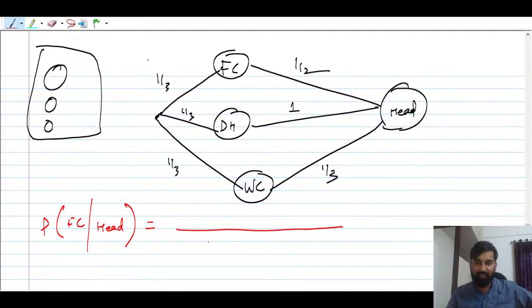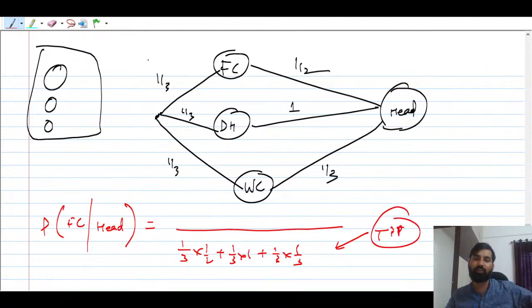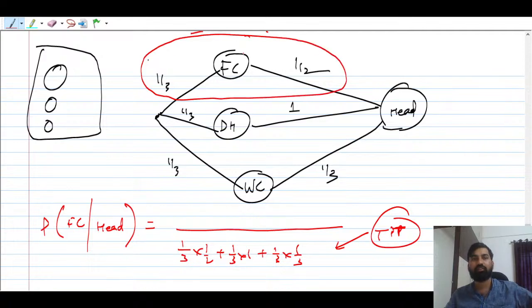The denominator is the total probability of getting head, which will be 1/3 into 1/2 plus 1/3 into 1 plus 1/3 into 1/3. This denominator can be computed using the total probability theorem. But what will the numerator be? The numerator should be this product, 1/3 into 1/2. That is the answer.